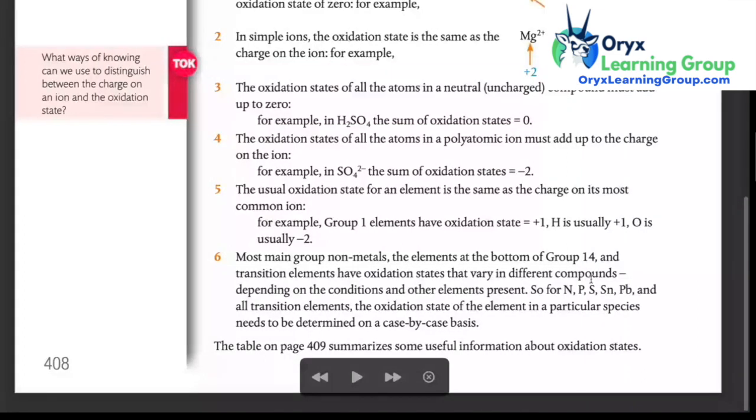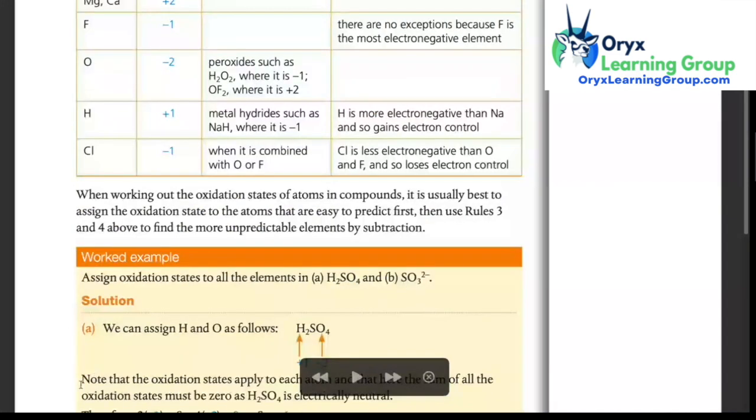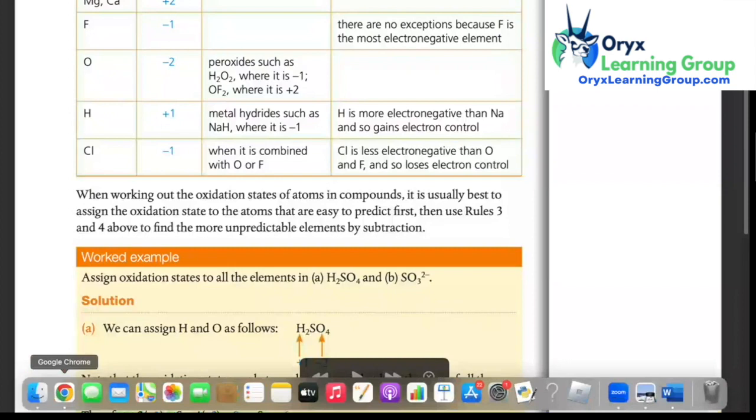Let's try out this question and then we'll go to the next part of the worksheet. Please do it for SO3 2 minus. Find the oxidation state of all the elements in SO3 2 minus. Please do it. Meanwhile, anyone who is not understanding, please let me know.